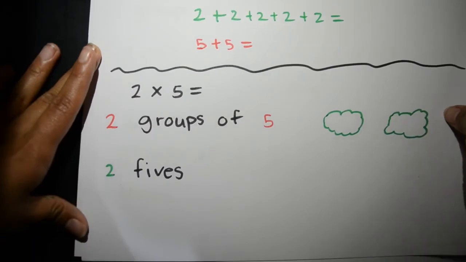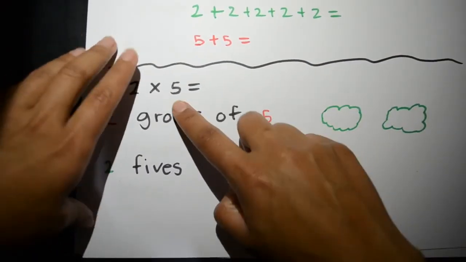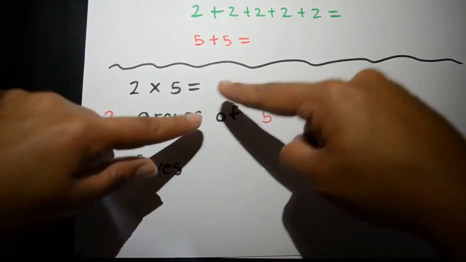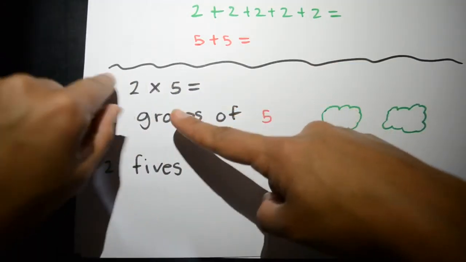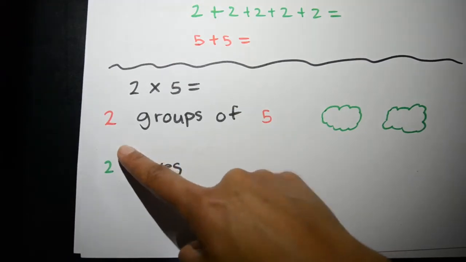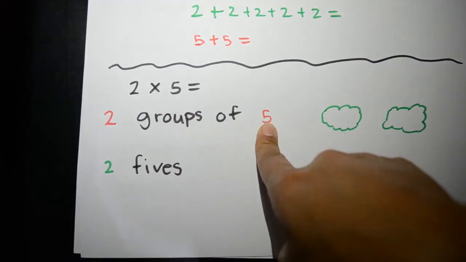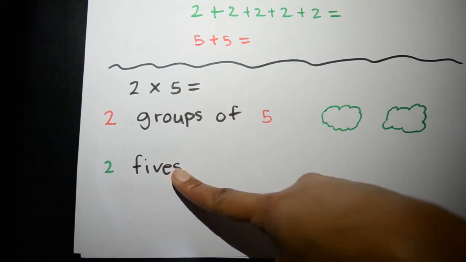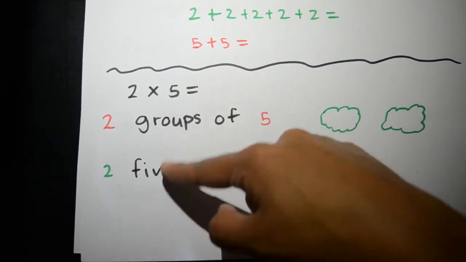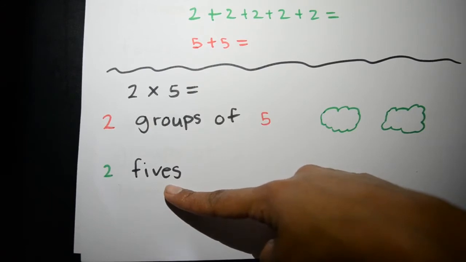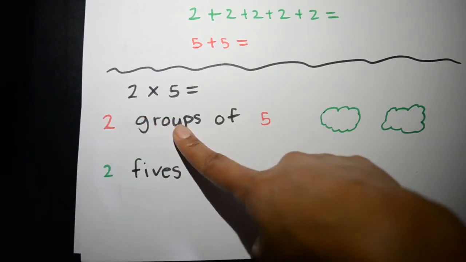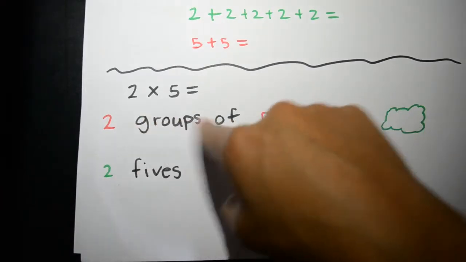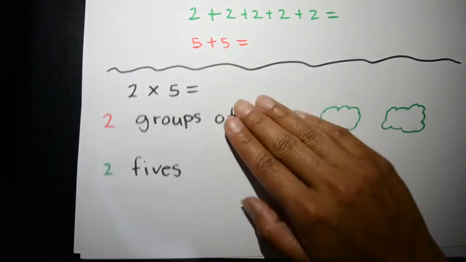Okay, so I've given you the same sum here, 2 times 5. Another way of saying 2 times 5 is also saying 2 groups of 5, and it's also saying 2 5's. All of these three things will give you the same answer. So when I say 2 groups of 5, all this means is there are 2 groups.